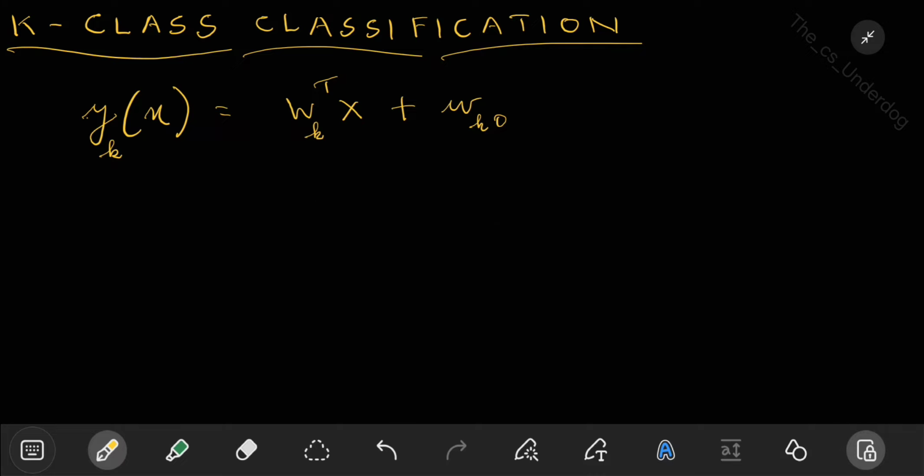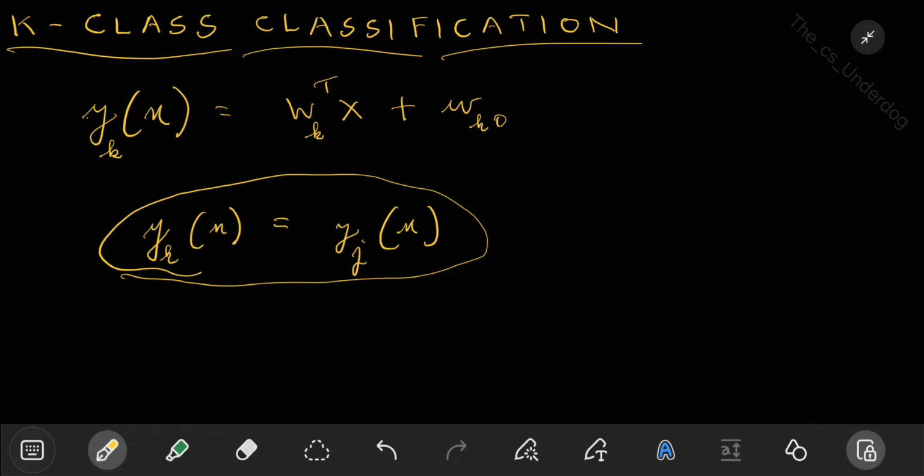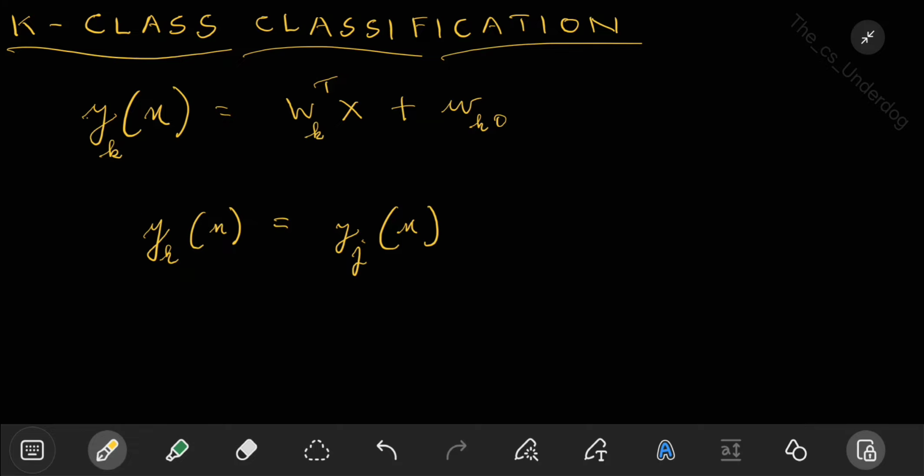It goes like this. If there is a decision boundary between two classes, let us say K and J, then yk of x would be equal to yj of x on that decision boundary. Because at that point, the point is not in J, not in K, it's right in between. So it is the decision boundary. yk of x should be equal to yj of x.